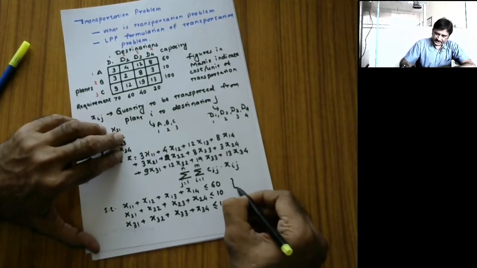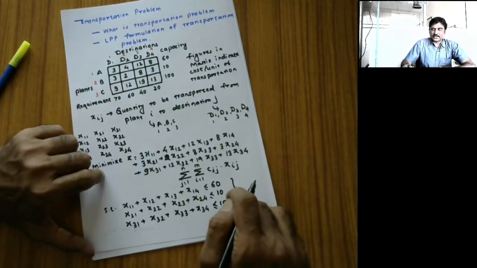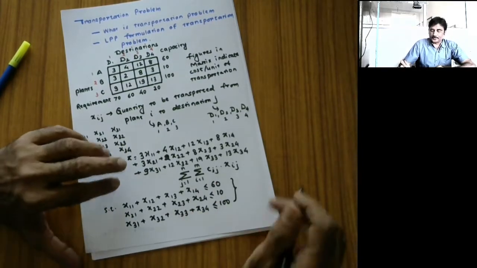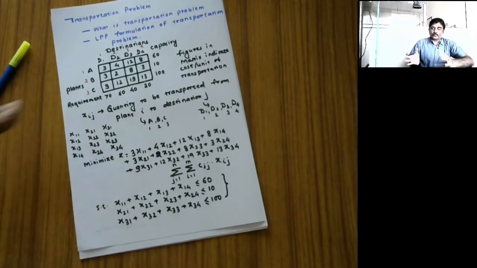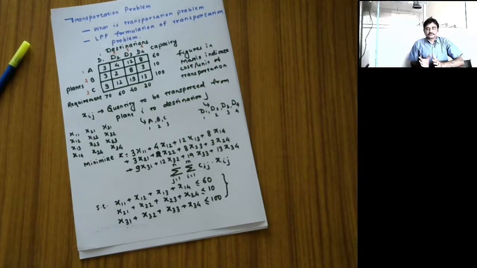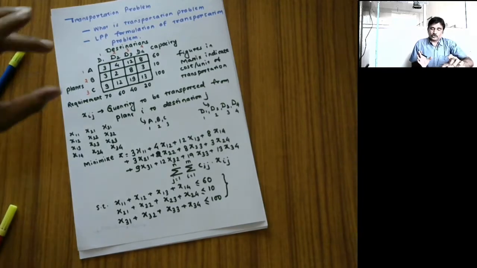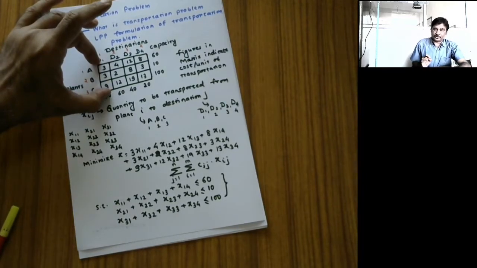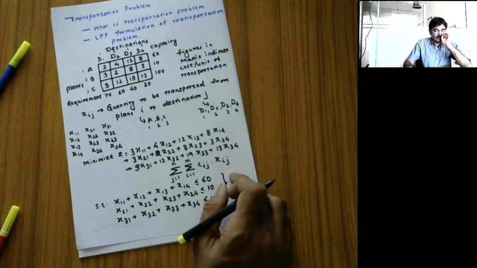We'll be writing a few more constraints, but I'll tell you the generalized form of this group of constraints right here itself. We have both looks: one is a specialized formulation specific to this problem, and the general formulation as well.